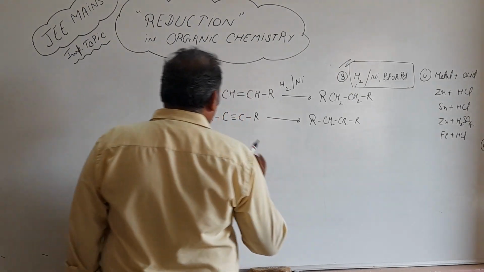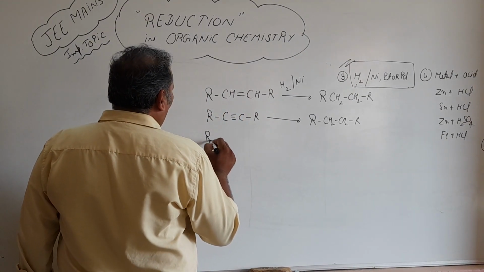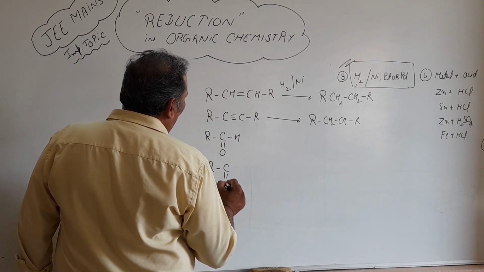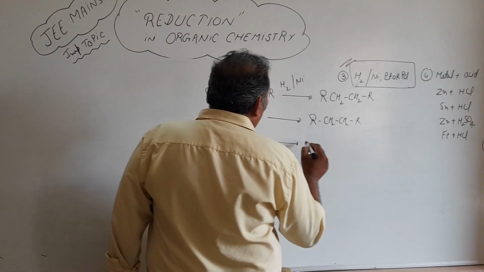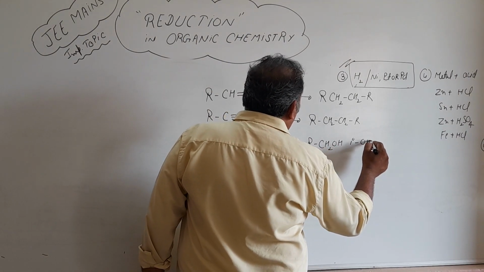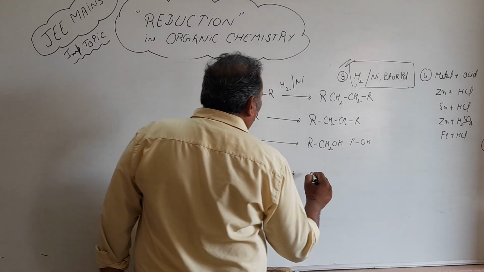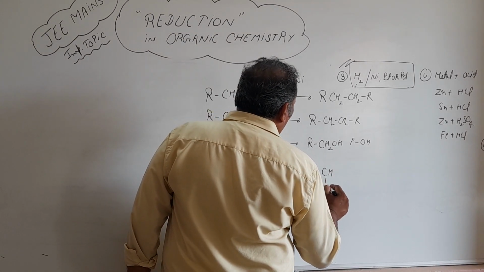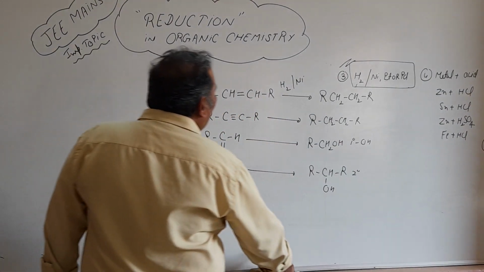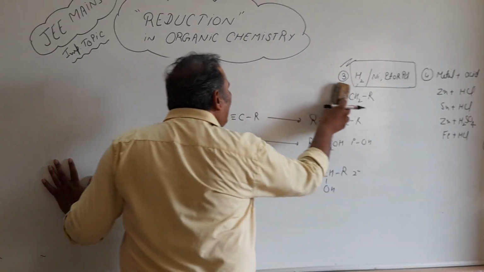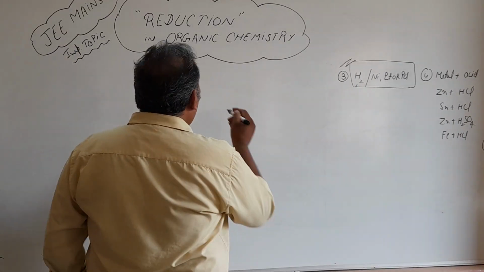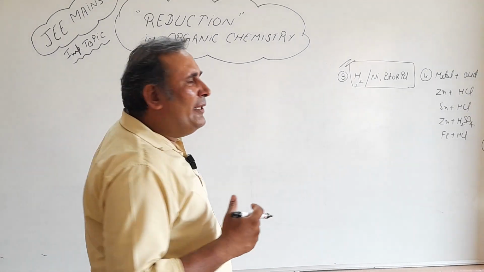Another is that if we are using aldehyde, yes, aldehyde gets converted into 1 degree alcohol. Ketone is reduced into 2 degree alcohol, as well as carboxylic acid derivatives like ester and amide; these can all be reduced like lithium aluminum hydride.